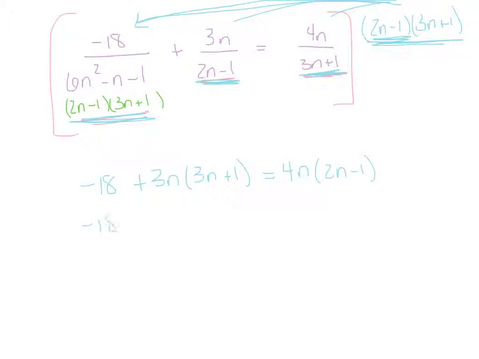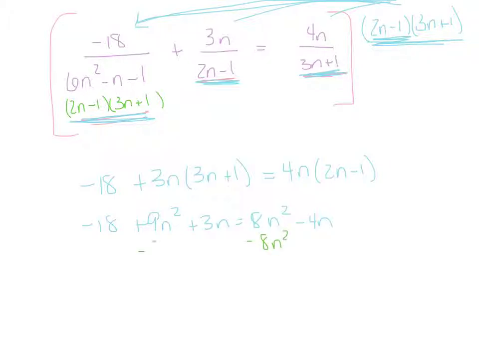So from here, we're just going to do a little bit of distributing. 8n squared minus 4n, and then we're going to solve this. And so we do in this case have a quadratic, and so we want to make sure that we get those on the same side.